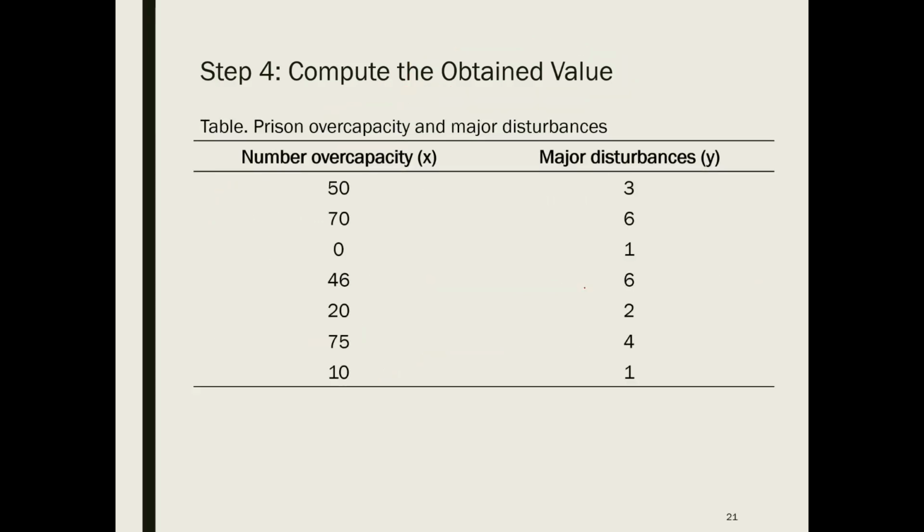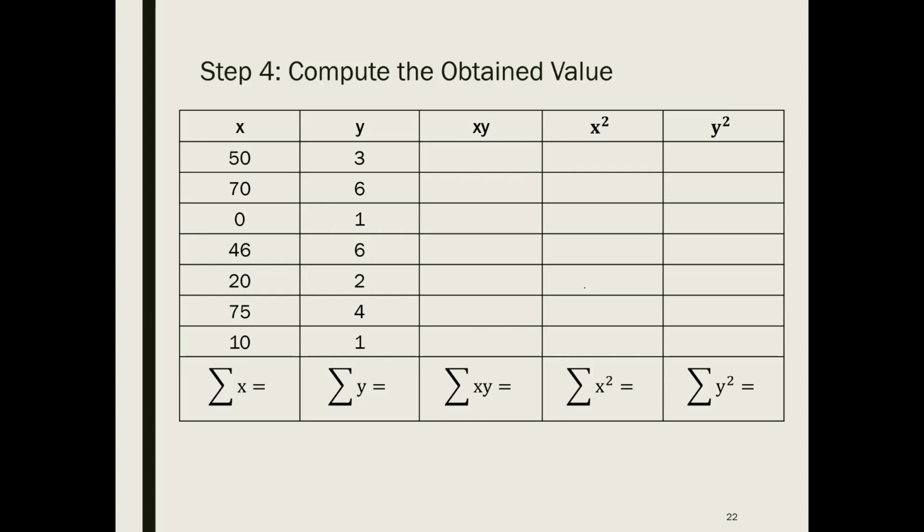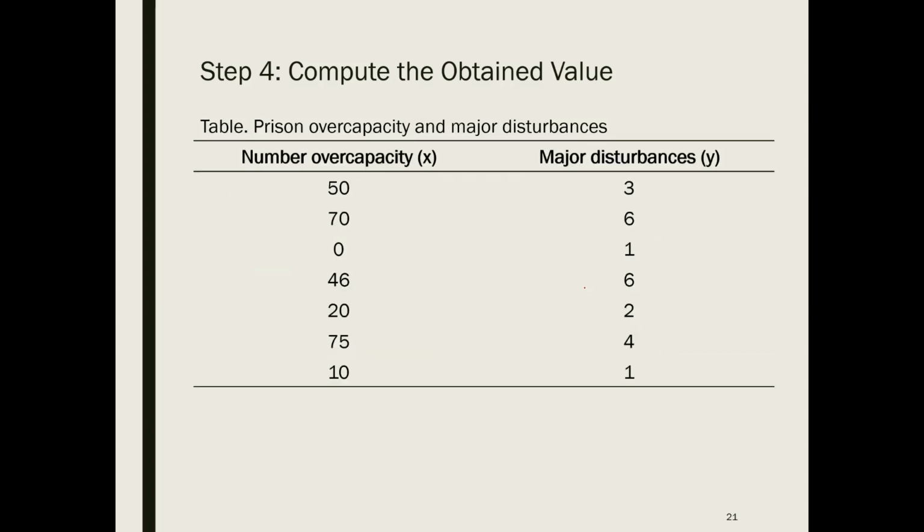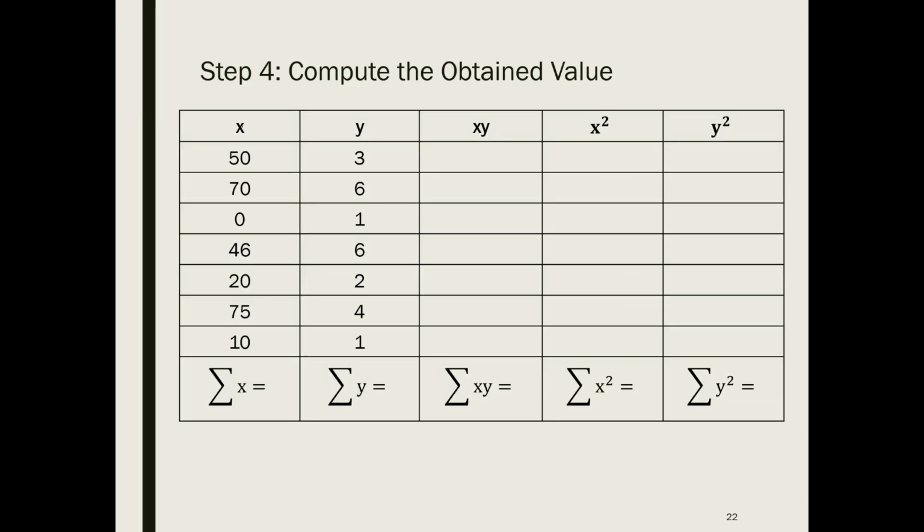So I produced this worksheet, just like for the chi-square, t-test, and ANOVA. If you want to calculate this by hand to understand what's behind it, then you can use this worksheet. This is the original number of overcapacity, and this is the original number of disturbances.